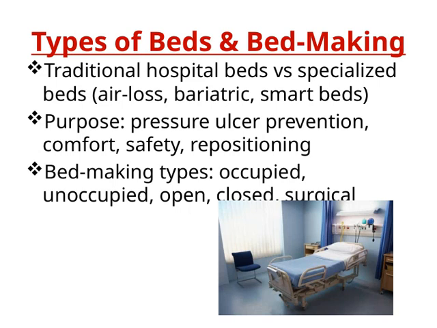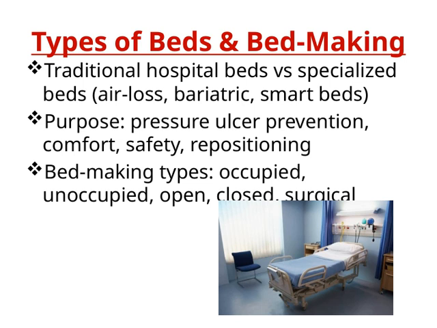Now, let's talk about the different types of beds and bed-making practices we encounter in healthcare settings. Traditional hospital beds are still quite common, but there are also specialized beds designed for specific needs. For example, air loss beds help prevent pressure ulcers by reducing pressure points, while bariatric beds accommodate larger patients safely.